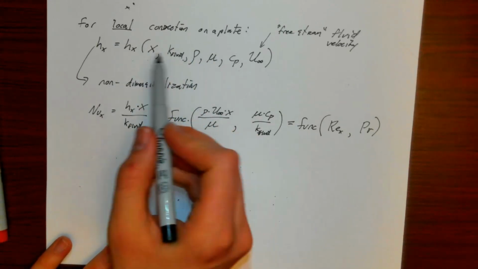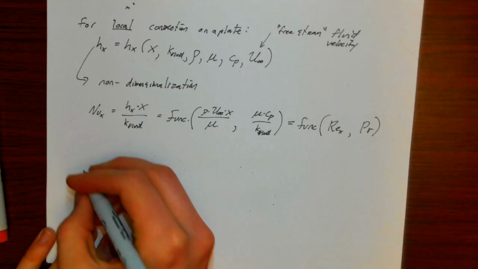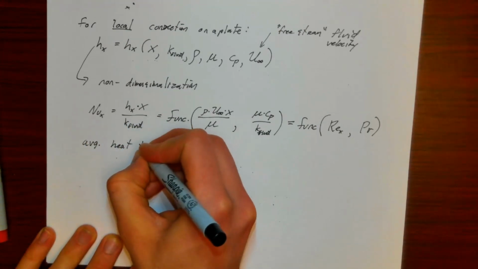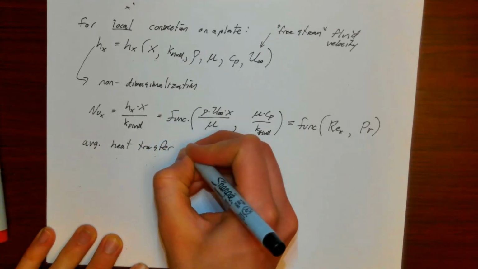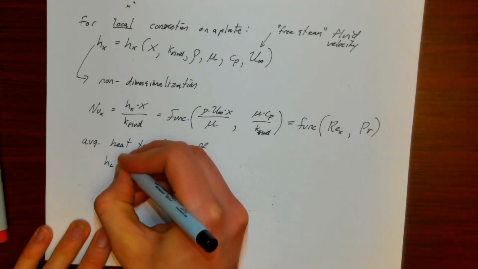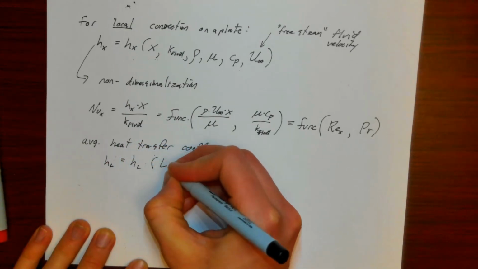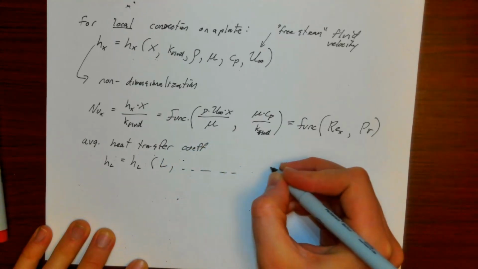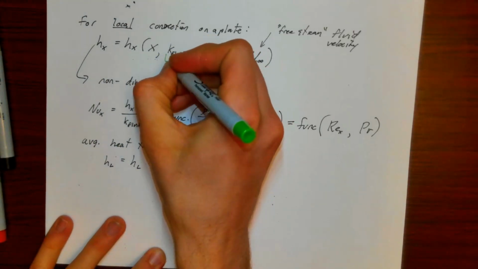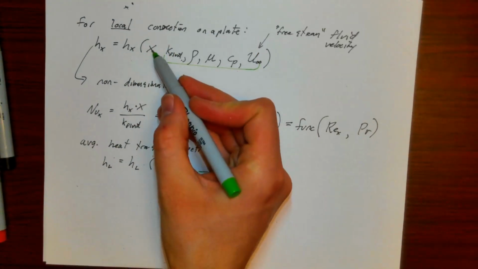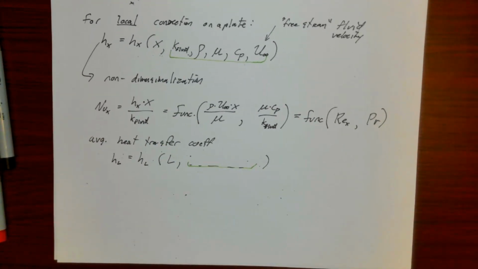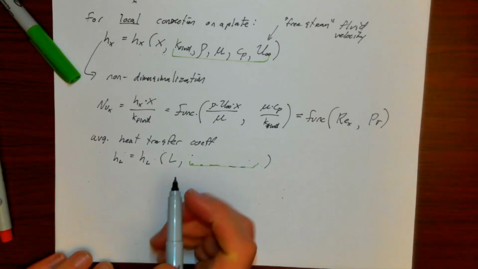We could follow a similar rationale for the average heat transfer coefficient, or the average convection coefficient, which might be h sub L, which is a function of length and all the same other parameters as before, only instead of depending on x, it depends on the length of the whole plate. And you can formulate the Nusselt number in almost the same way.